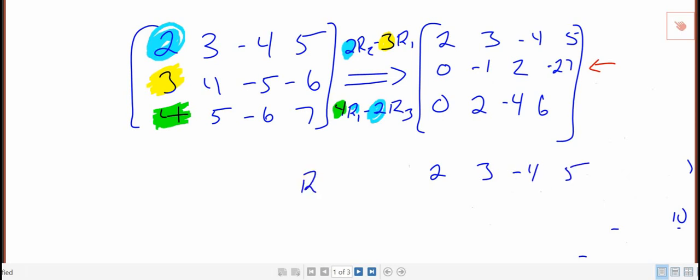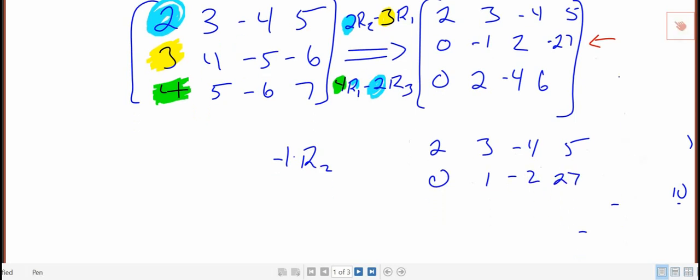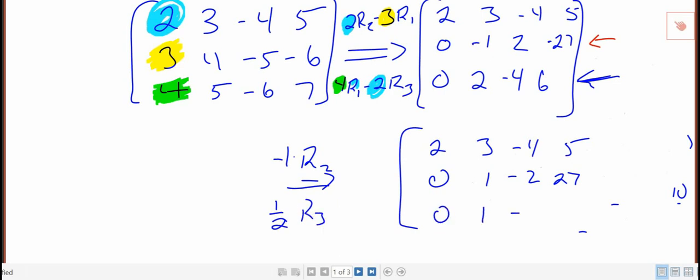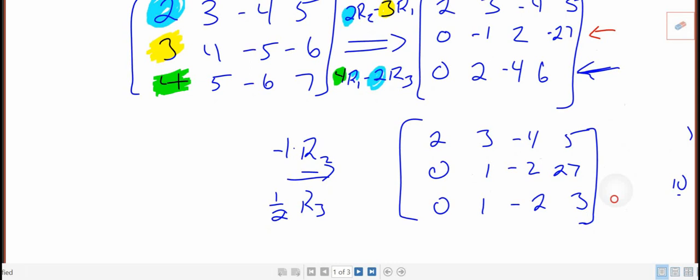So I'm going to take row 2 times a negative 1. It's going to be 0, 1, negative 2, 27. And I also see that everything in this row is even. So I am also going to take 1/2 of row 3. Anytime I get a chance to divide by something and still wind up with integers, I do, just because I like working with the smaller numbers. Okay, that's the only reason.